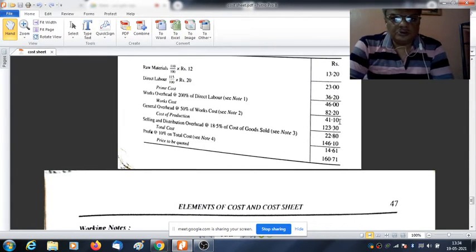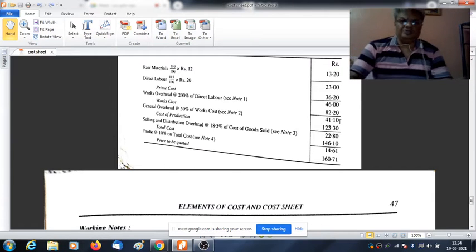If there is no mention of units, then how can you do it on a unit basis? Then it has to be on a per unit basis.